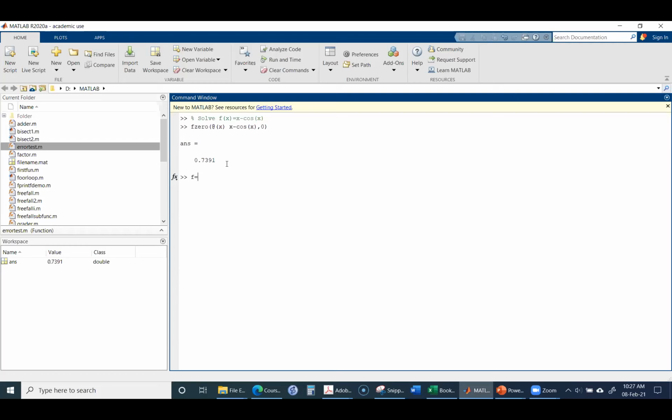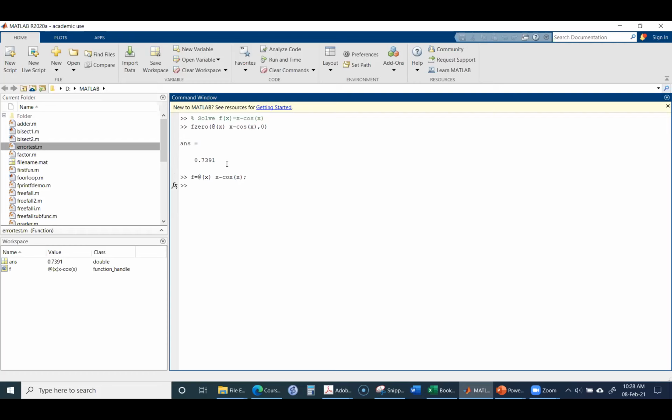F is equal to at x, x minus cosine of x. Okay, so this is the function of x I have defined.